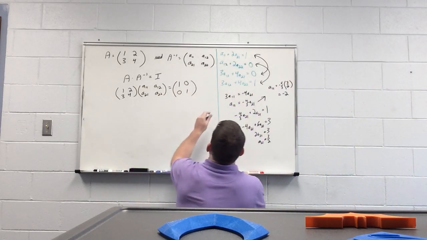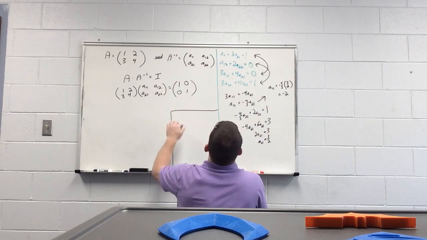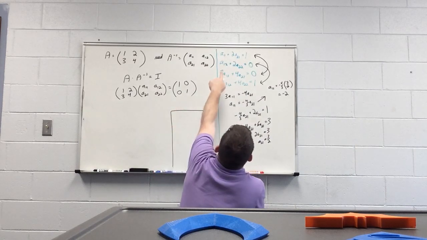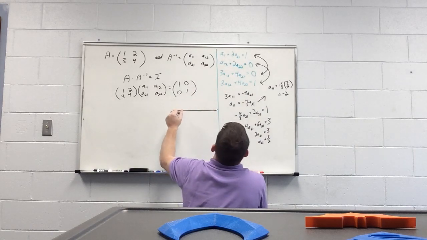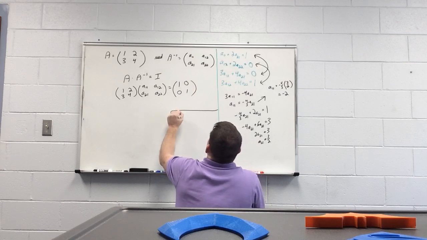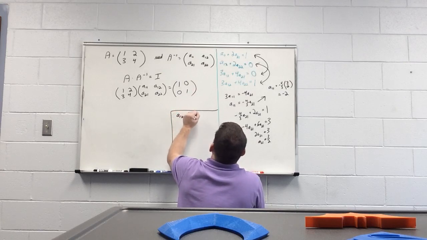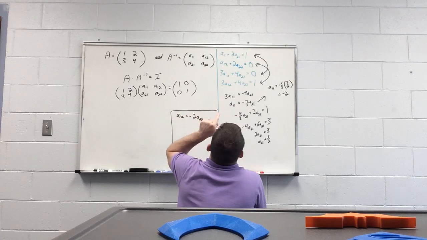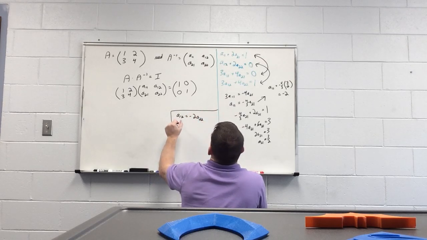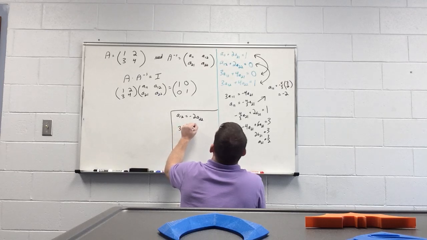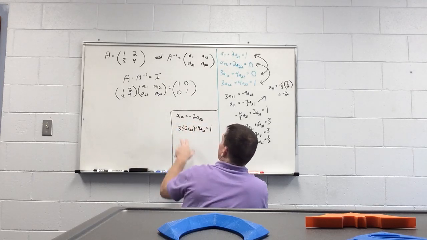I'm running out of room on my board, so I'll scribble it right over here. Let's see. I will solve the second one since it's set to 0. And I get A12 is negative 2A22. Plug it into the bottom one. I get 3 times negative 2A22 plus 4A22 equals 1.